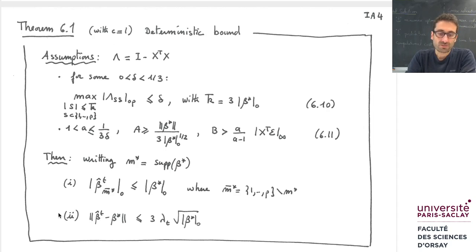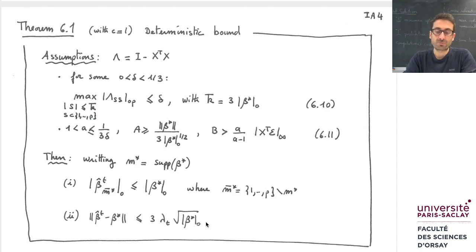The second point is that beta at t minus beta star is smaller than 3 times lambda t times the square root of the number of non-zero coordinates in beta star. And again, this holds for any value of t.